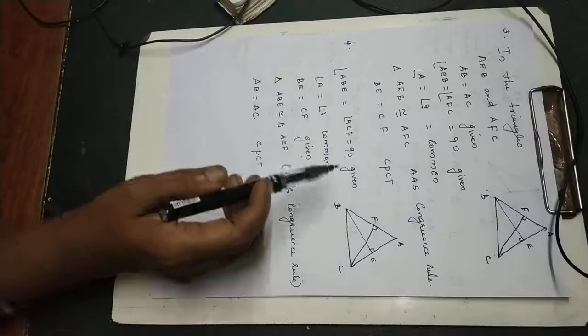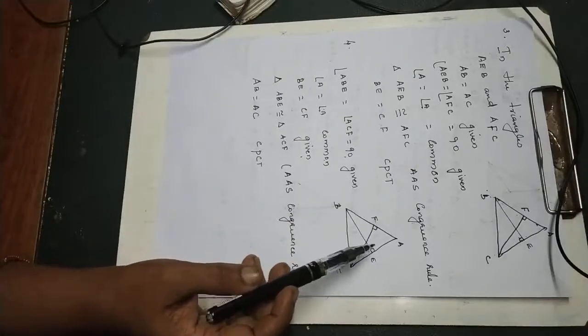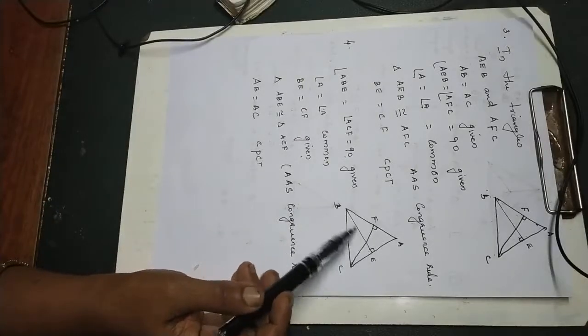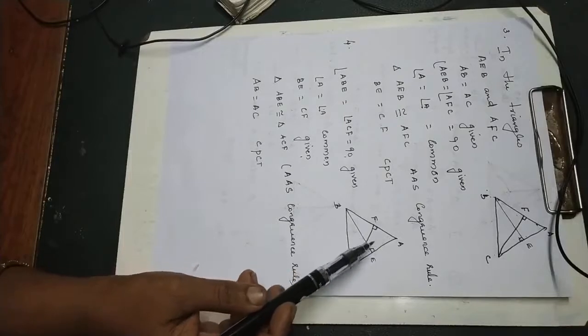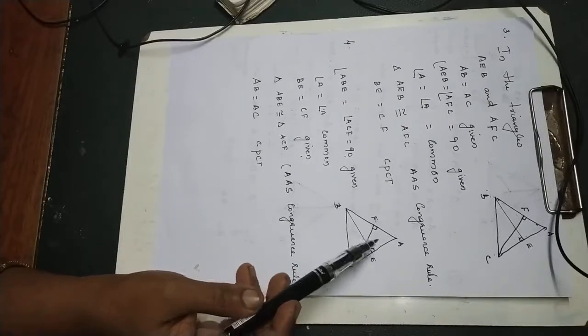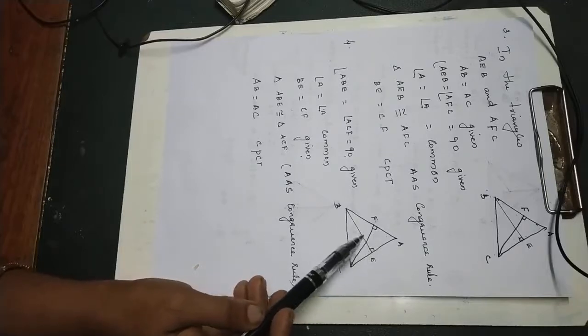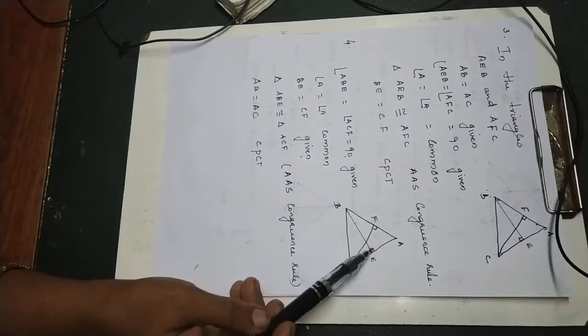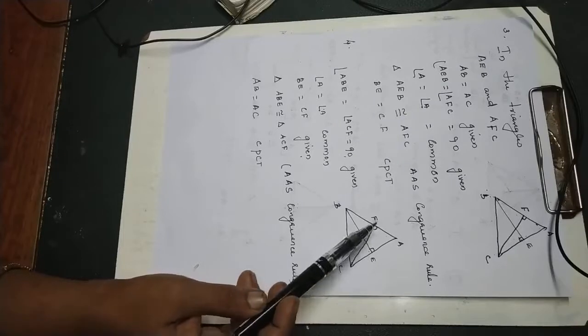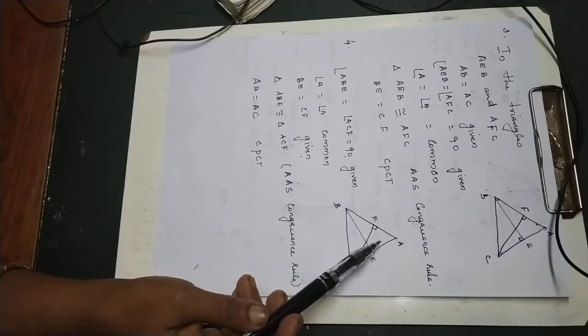Once again, let us discuss how we have solved that one. So in the triangles ABE and ACF, angle A equal to angle A, that is common to both the triangles, and BE equal to CF, that is given in the question.